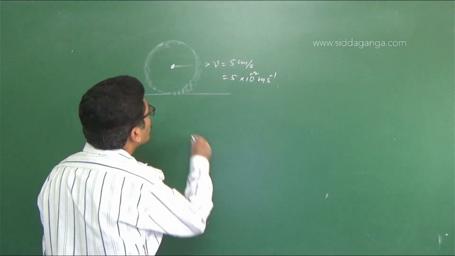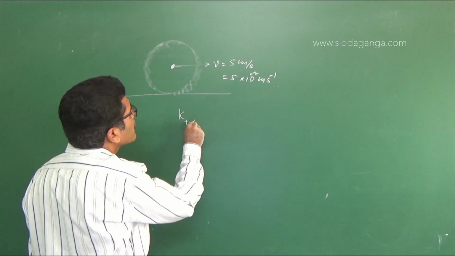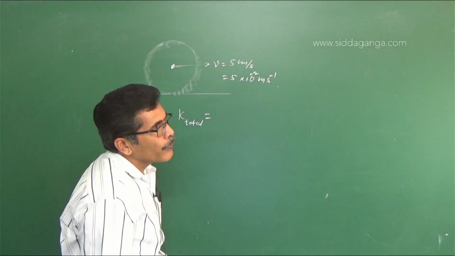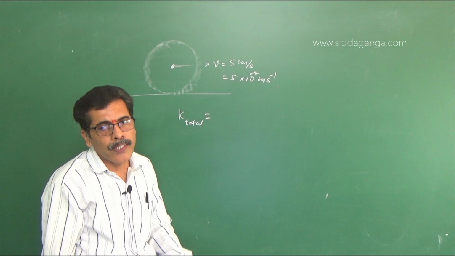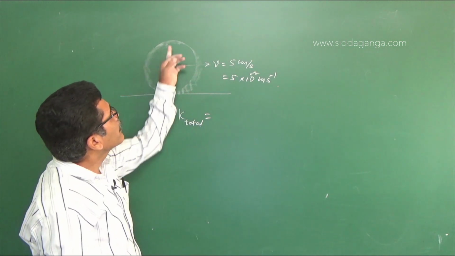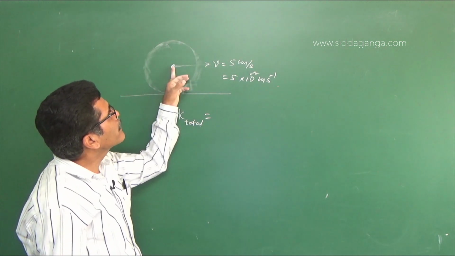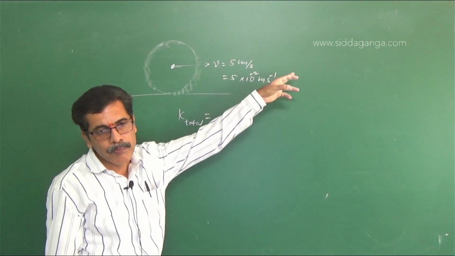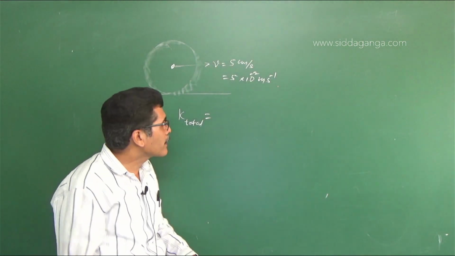We know that for the total kinetic energy, there are two motions here: it is rotational cum translational. The wheel is rotating and the center of mass is moving along a straight line. Therefore it is a rotation cum translation.